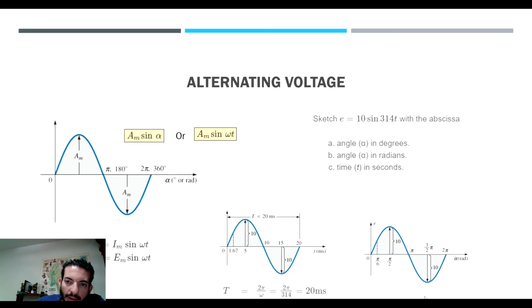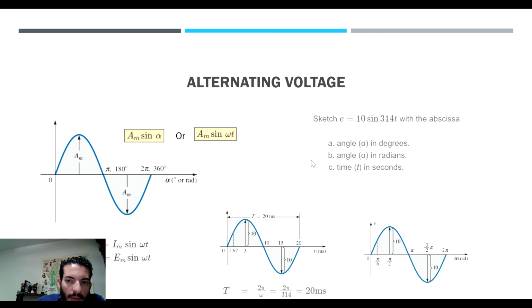Find the angle in degrees. That's pretty simple. We know that sine starts from 0, then the middle point is 180, and then the final point is 216.